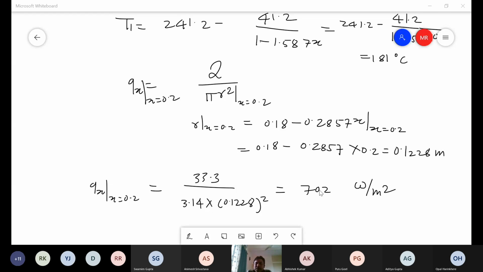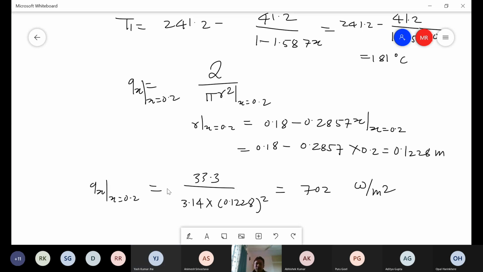Okay, yes, please go ahead. Sir, why did we not take Qx as a function of r? Why did we take it uniform for a particular x?